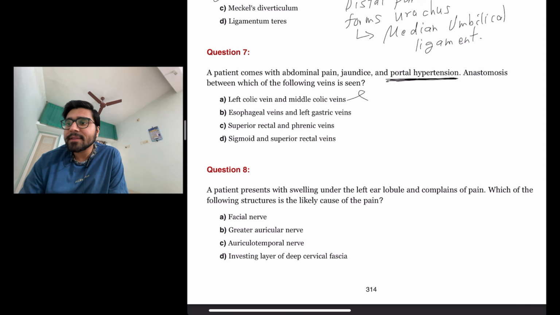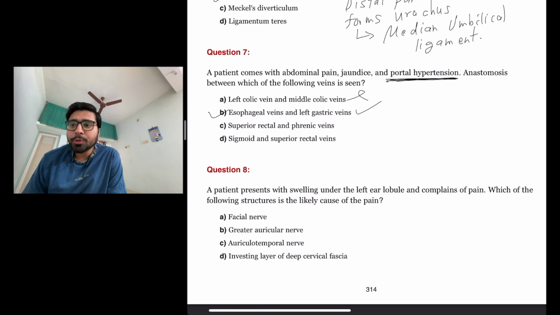This is not the answer because between these two veins, the anastomosis is not seen. The next option is esophageal veins and left gastric veins. This one is completely true because in portal hypertension there is anastomosis between esophageal veins and left gastric vein seen. So this is the answer.